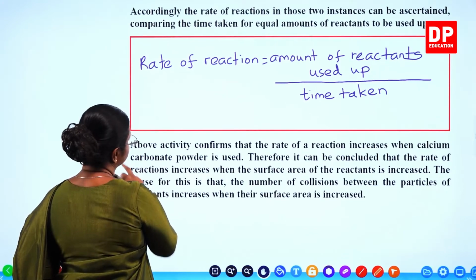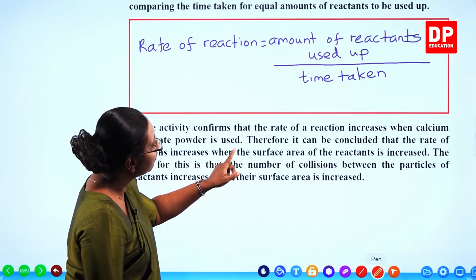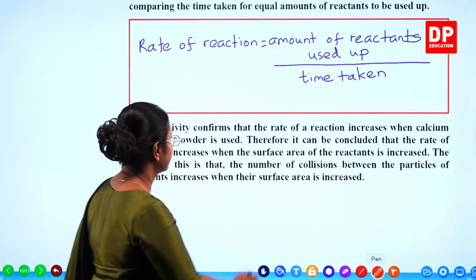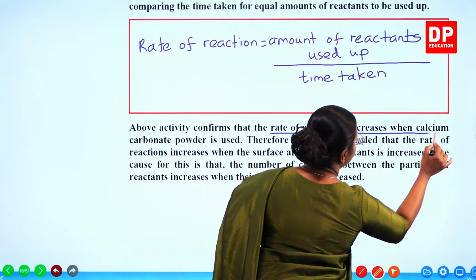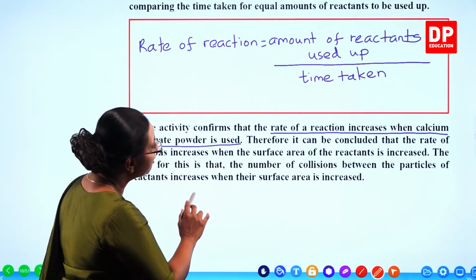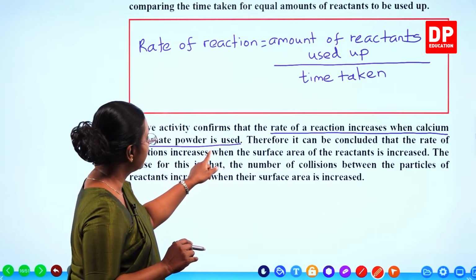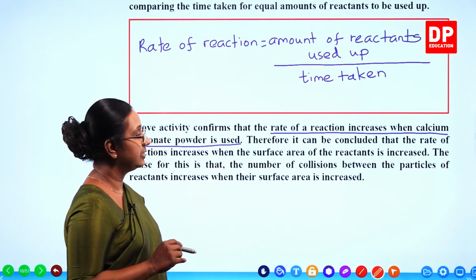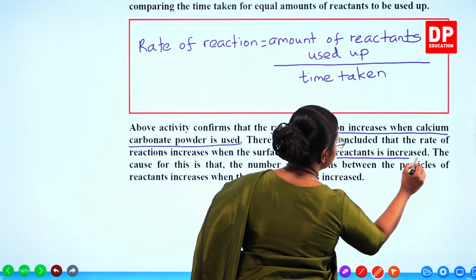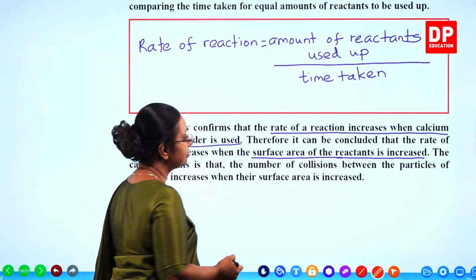So from there, the above activity confirms that the rate of reaction increases when calcium carbonate powder is used. So this is important. Therefore, it can be concluded that the rate of reactions increases when the surface area of reactants is increased.